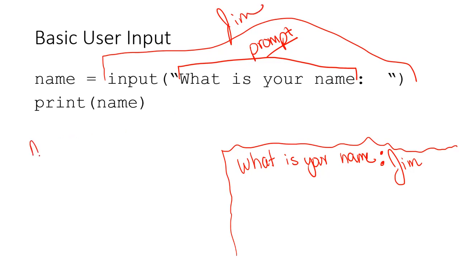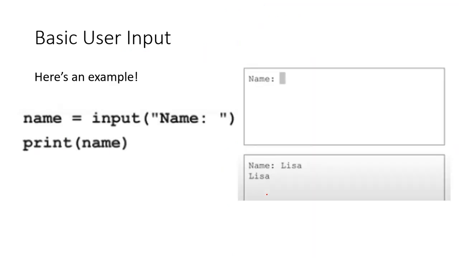What will happen in the memory of the computer is it will assign name to Jim. And then we'll print Jim to my console. So input allows us to get the information from the user so that we can use it in our program later.